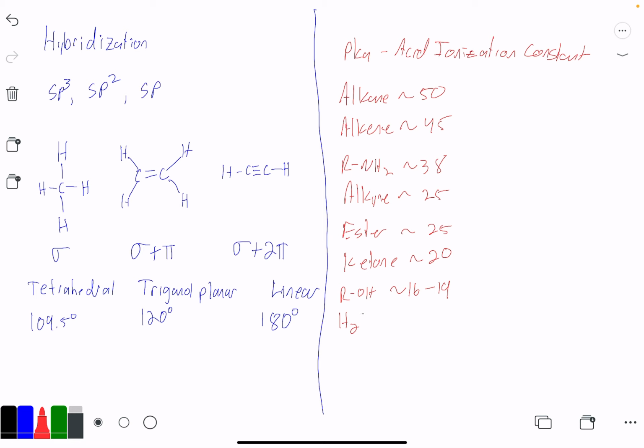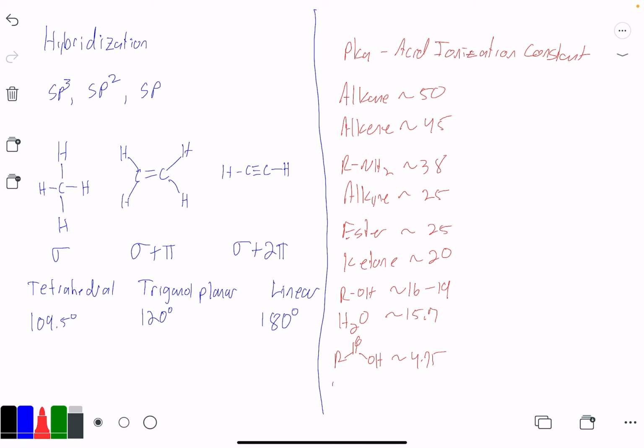Water, this is a very important one. If you learn any pKa, you need to learn the pKa of water. And the pKa of water is 15.7. All right. And then there are a few others that you could learn. Another very good one to know is carboxylic acids, right? Something like RCOOH has a pKa of 4.75.